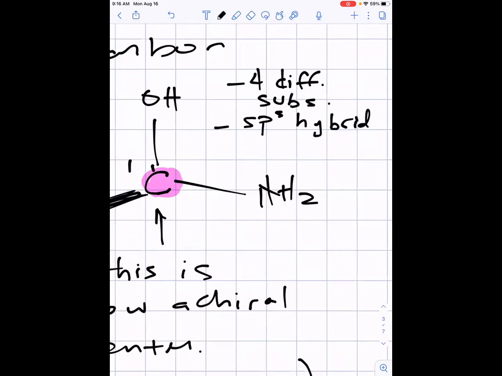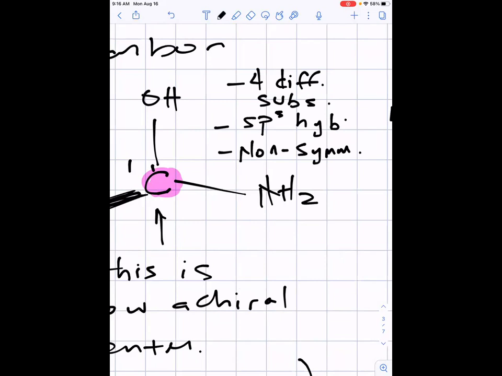It needs to be sp3 hybridized. It cannot be symmetrical. It says something about handedness. Yeah, so this contributes to the handedness, right?